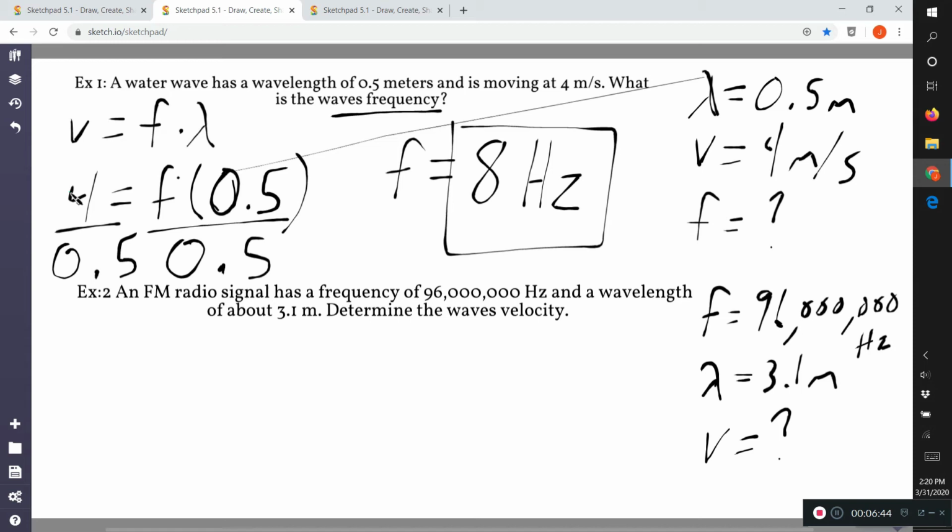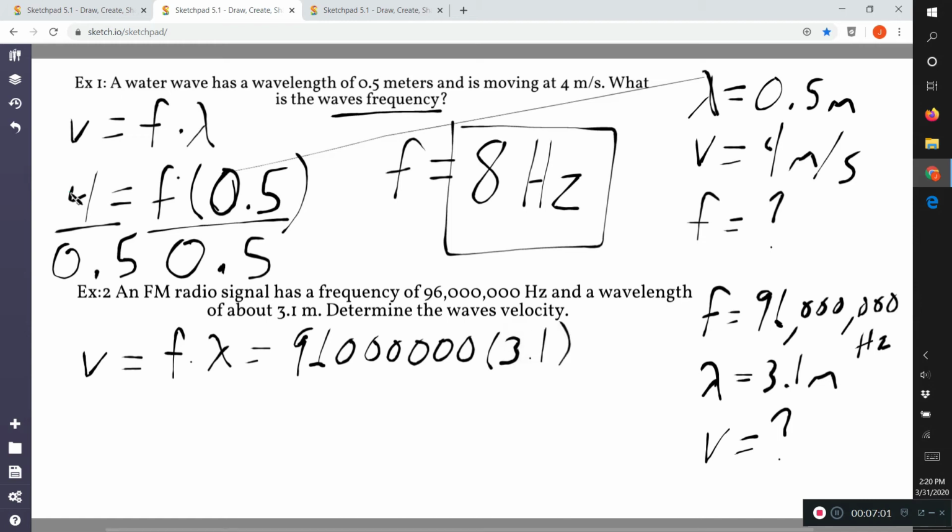So we take our formula, V equals F times lambda, and we fill in the information. 96 million times 3.1. And when we do that, we get 297,600,000.